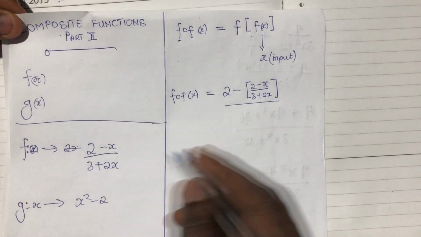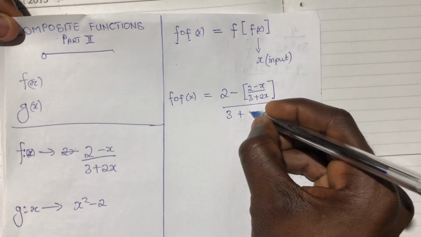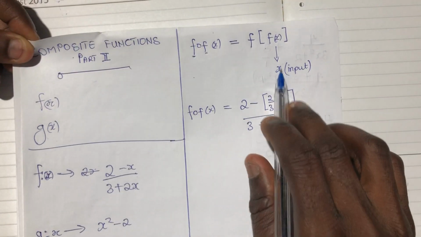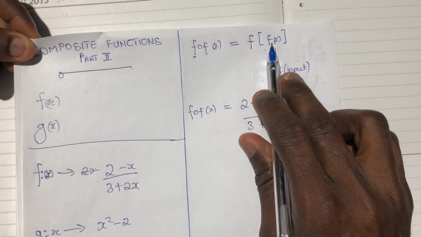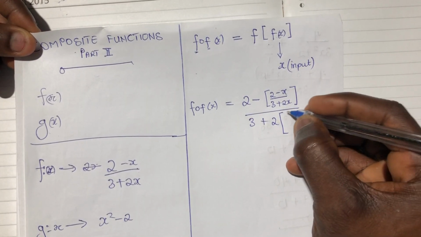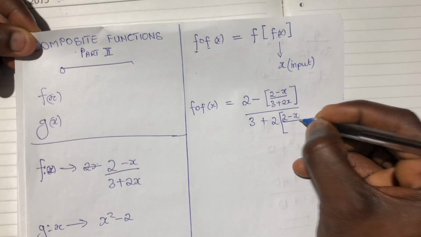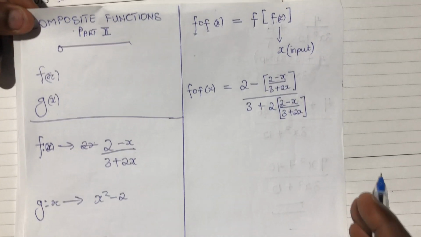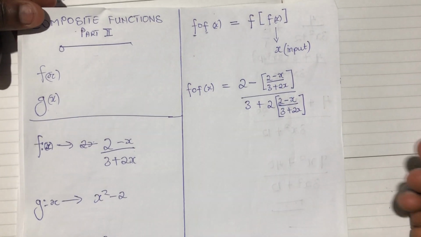Then I'll substitute 3, we have 3 plus 2, and into bracket x here stands for f of x, which is the same as 2 minus x all over 3 plus 2x. So we have this. Now the next thing we need to do is to follow basic mathematics to solve this.